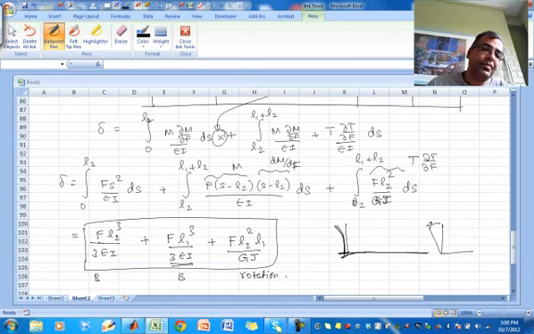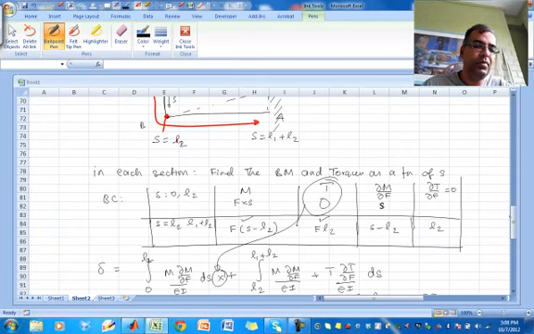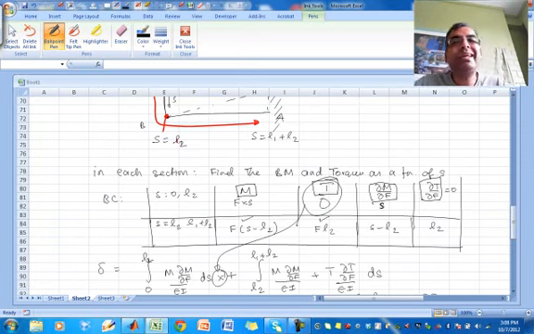Notice that your most important and probably the most difficult aspect of this is making sure you know how to compute M and T for different sections and calculating these two. The integration itself is pretty routine. Yeah, it may be tedious, but it's not challenging.